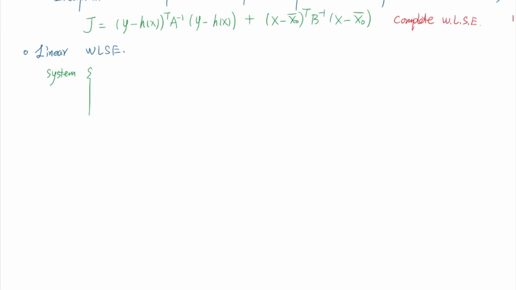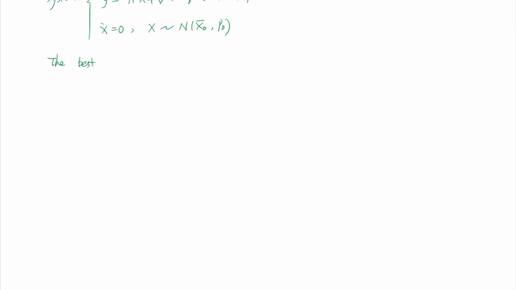In our system, the measurement is a linear function, hx plus v, and v follows a normal distribution with mean 0 and covariance R. The state of the system is static, but follows an a priori normal distribution with mean x naught bar and covariance P naught.